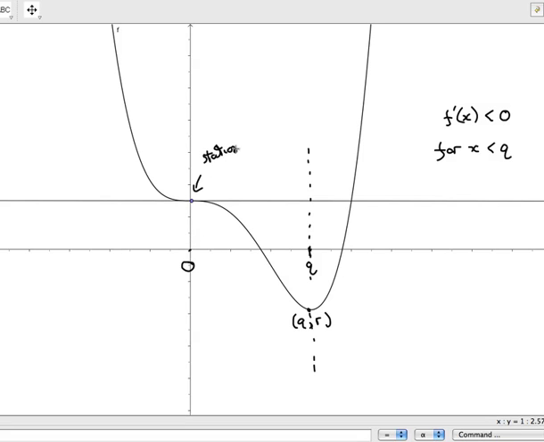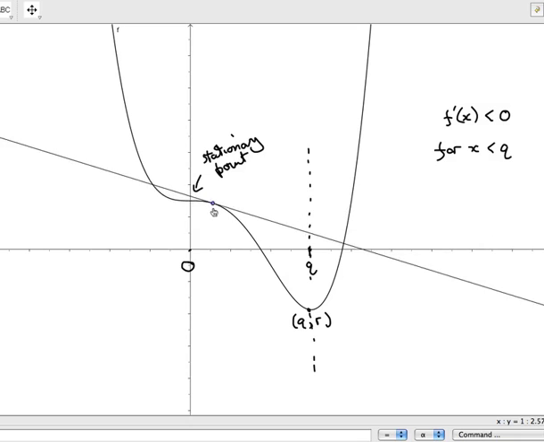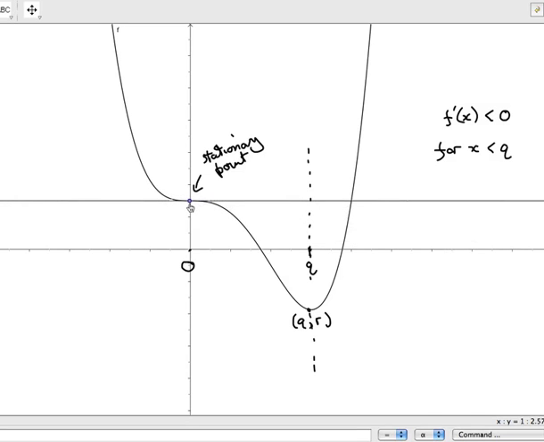That's stated in the question. So at all stationary points, the gradient of the curve would be 0. You can see the tangent at that point is horizontal. It's parallel at this point to the x-axis.